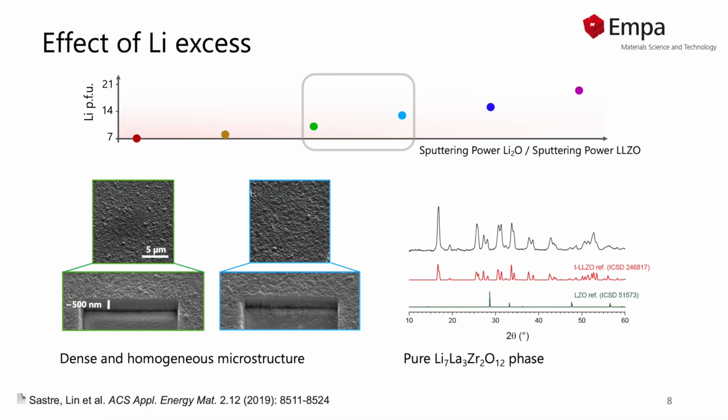This has to be appropriately tuned in order to have good morphologies with LLZO crystallinity. As we can see in this middle range, a good dense film is fabricated and shows the proper LLZO phase.